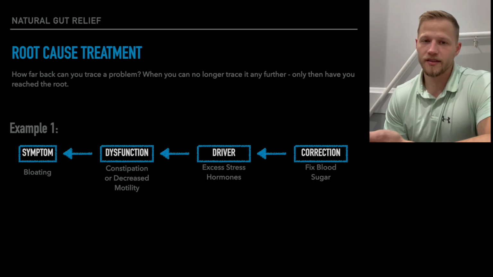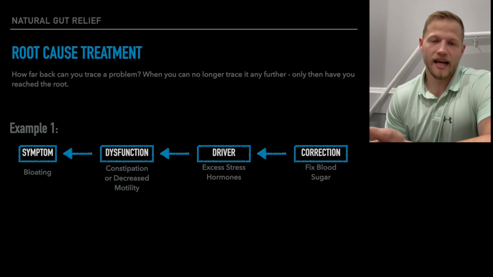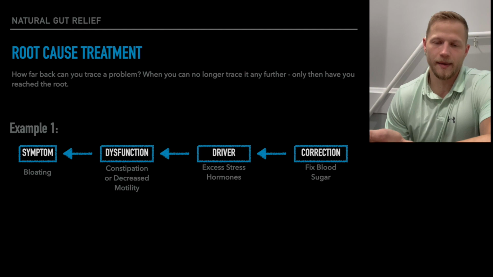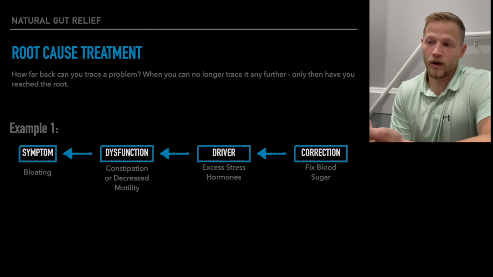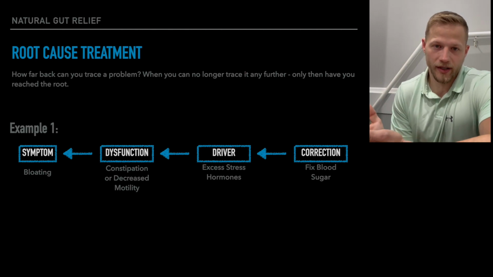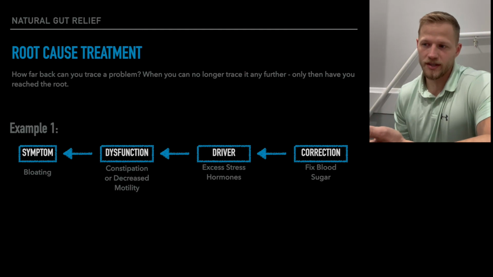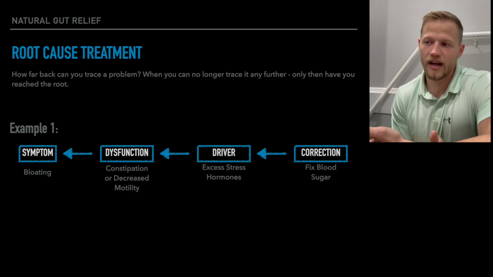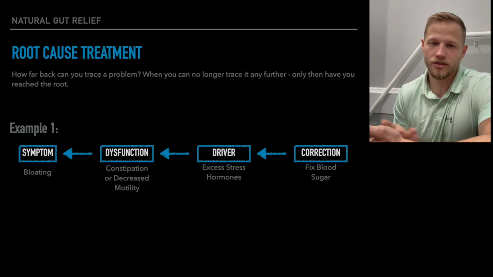When you eat those short-chain carbohydrates or different types of foods, they will more readily ferment if they're sitting there in the gut not moving like they should, and it'll cause bloating. In this particular case, while you could remove what's causing the bloating in the sense that you can reduce FODMAPs or foods that would cause that issue, you've not gotten rid of the dysfunction that's led to the issue to begin with.